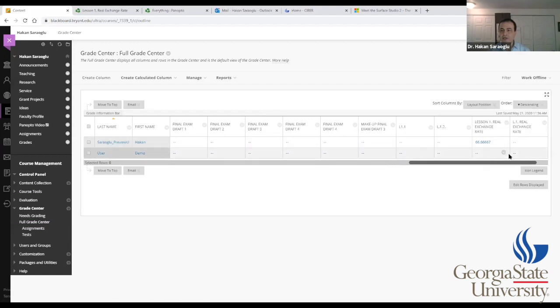And lesson 1 real exchange rate here, as you see, I'm highlighting. I had actually answered the last question wrong. So out of 3, I get 66. So if this was my actual class, I would have been able to see the list of students and what they got from this. So I have immediate assessment results also.